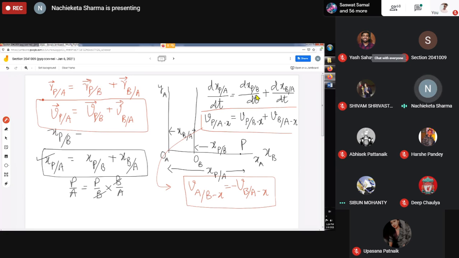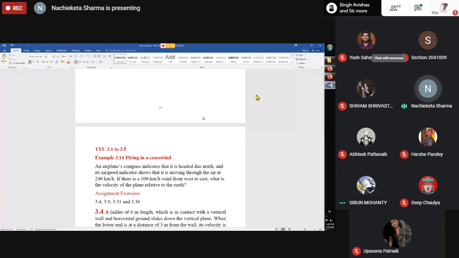An airplane's compass indicates that it is headed due north. So the aeroplane has a compass, and the compass is indicating that the aeroplane is heading in the north direction, and its indicator shows that it is moving through the air at 240 kilometer per hour.